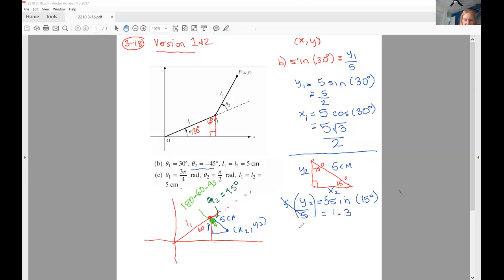Okay, and then X2, exactly the same way, I'm going to say 5 times the cosine of 15 degrees, which is equal to 4.83, I'll just say 4.8.